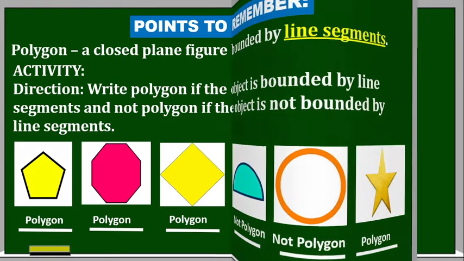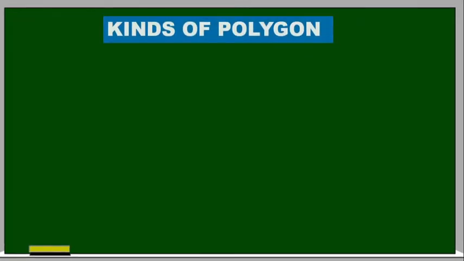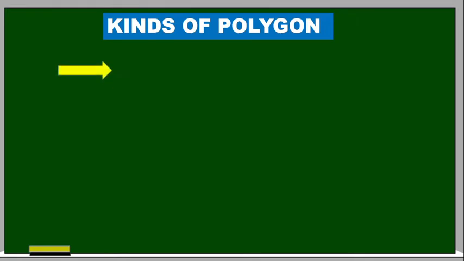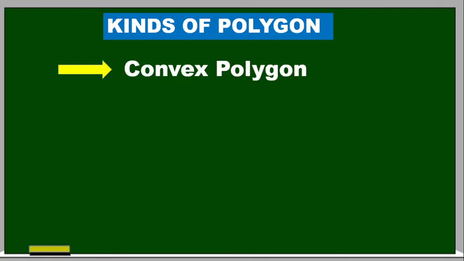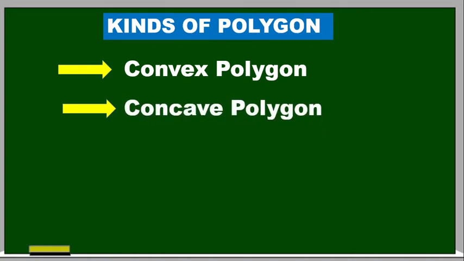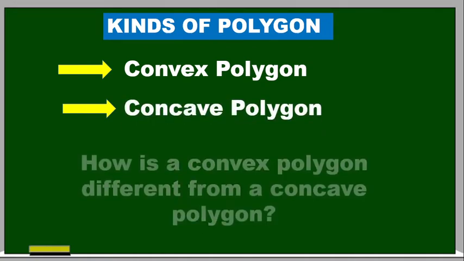Okay, next. Let's have kinds of polygon. There are 2 kinds of polygon. One is convex polygon. Number 2, concave polygon.